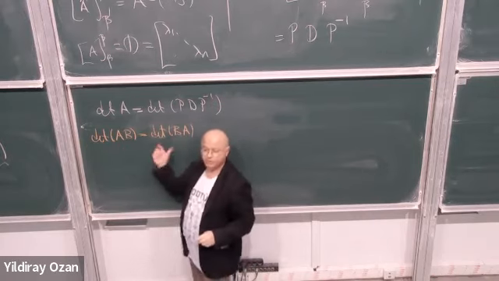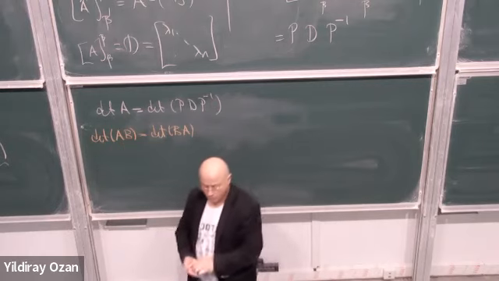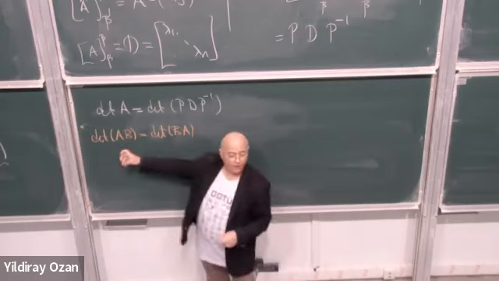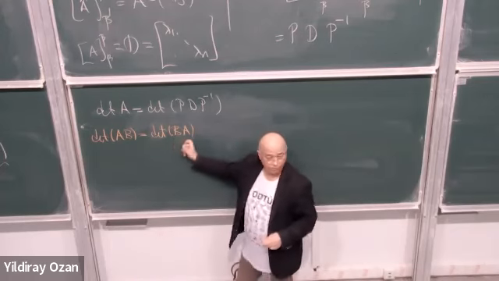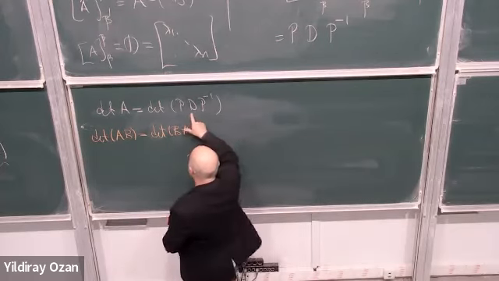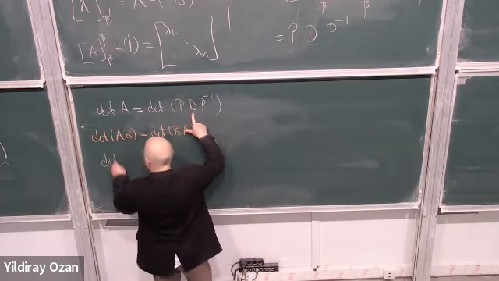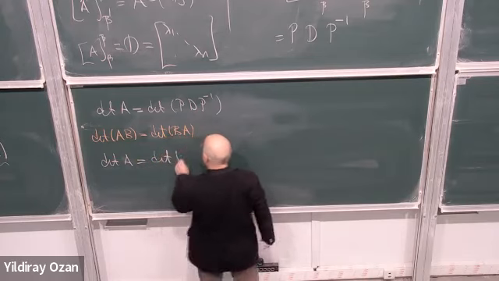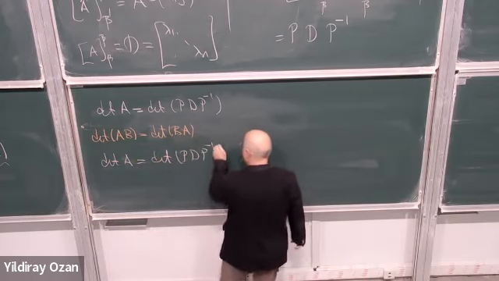You can just switch the components of the product. Determinant of A times B is the same as determinant of B times A. Therefore, I can write determinant of A, which is determinant of P, D, P inverse.